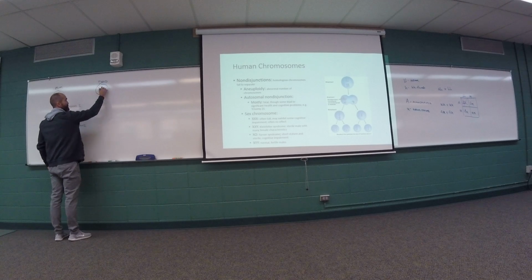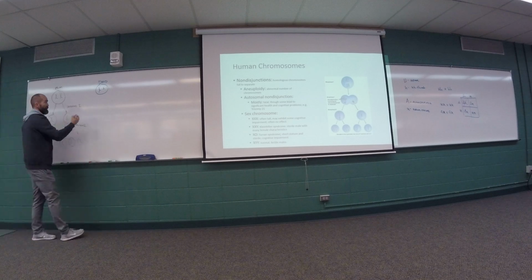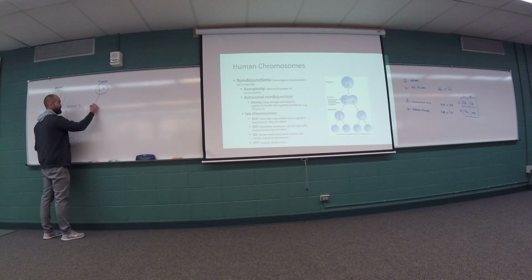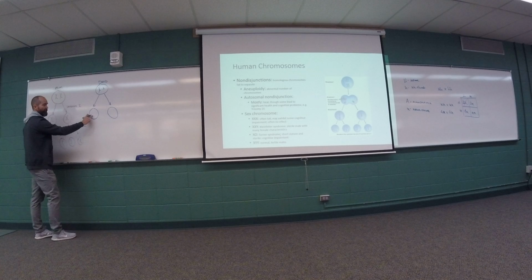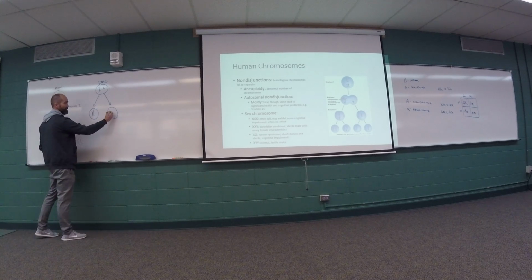Dad has an X chromosome, and he has a small little Y chromosome. So at meiosis 1, what should we get right here? X chromosome, sure. Which means that in here, the Y chromosome.